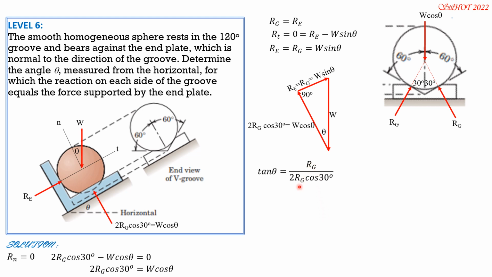So we cancel RG. 2 cosine 30 is 2 times square root of 3 over 2. So this reduces to tangent theta is 1 over square root of 3. And inverse tangent of 1 over square root of 3, theta is 30 degrees. So theta is 30 degrees.